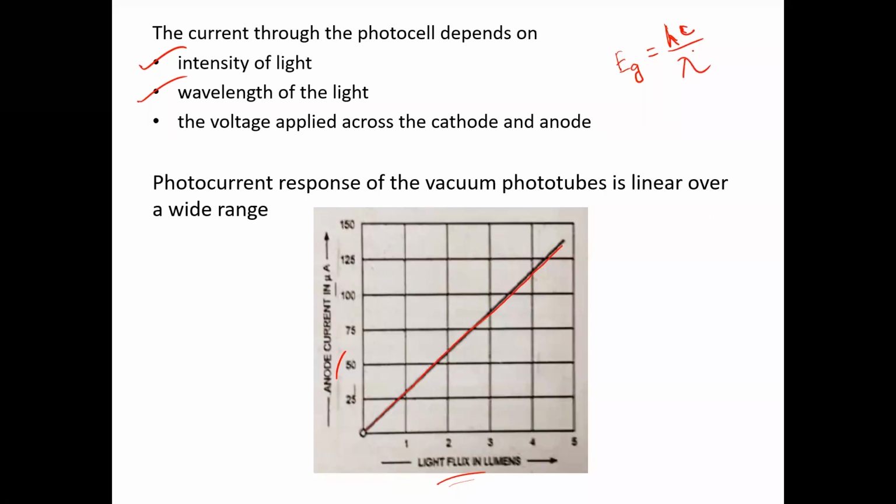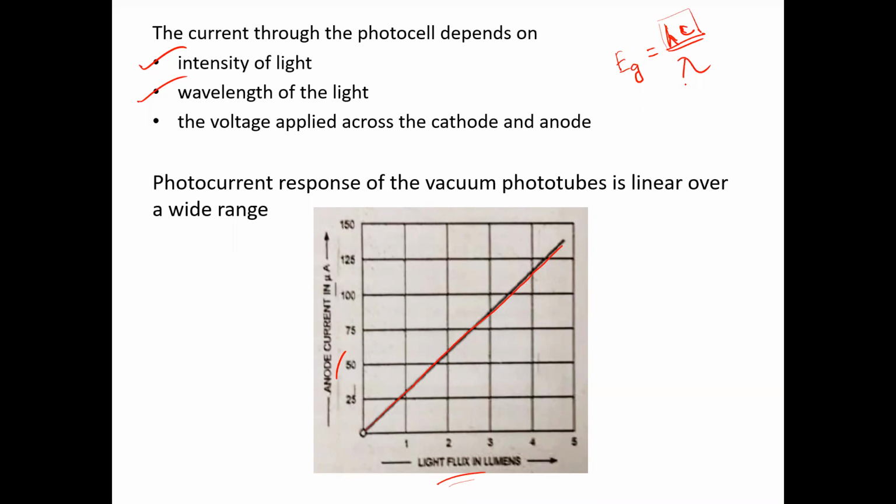So these two are constants, so you can definitely say that the energy produced by the photons is inversely proportional to the wavelength. So depending upon the wavelength of the light, the photon energy will change, and the corresponding energy will result in the emission of the electrons.